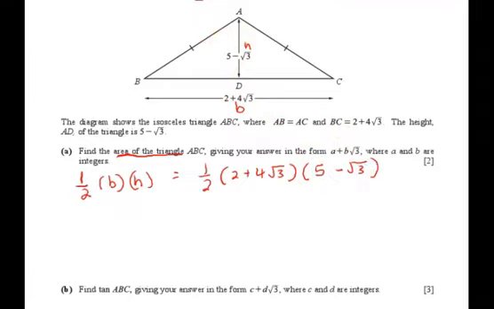Okay, now I will multiply 1 by 1 here, so it becomes 1 over 2. Put a bracket, so here becomes 10. Remember this small concept over here. Let's say we have here 2, and here is root 3.